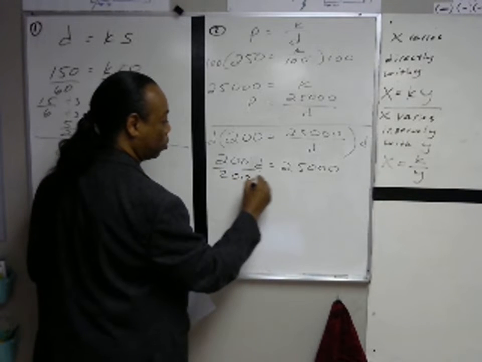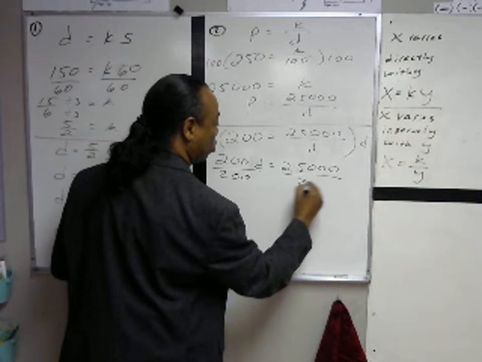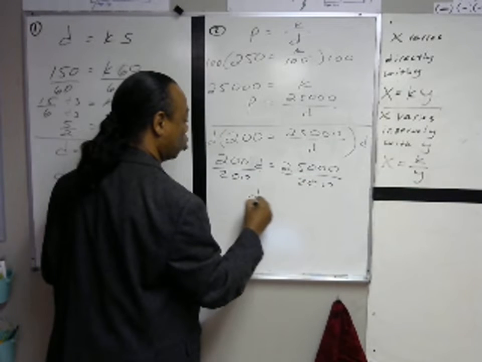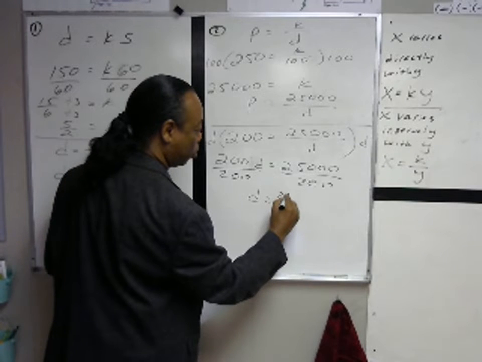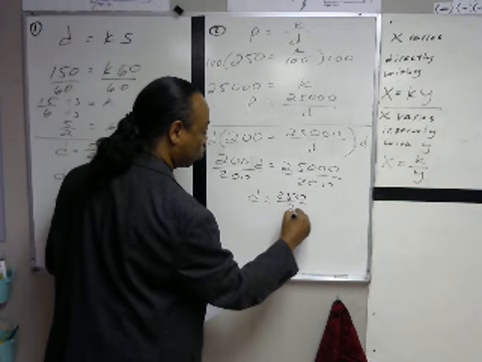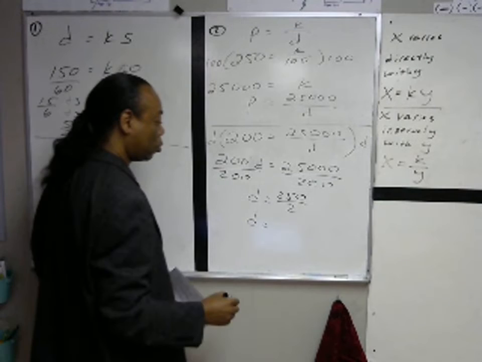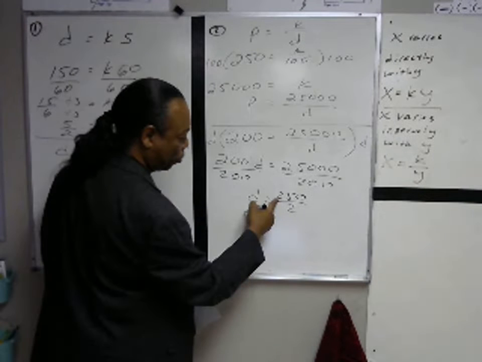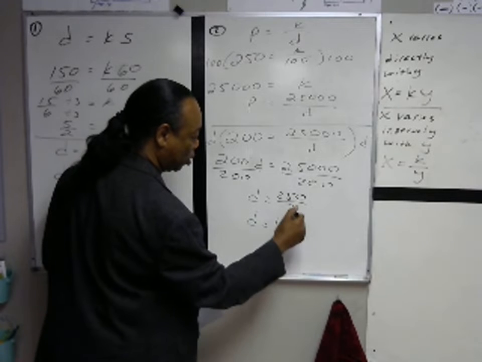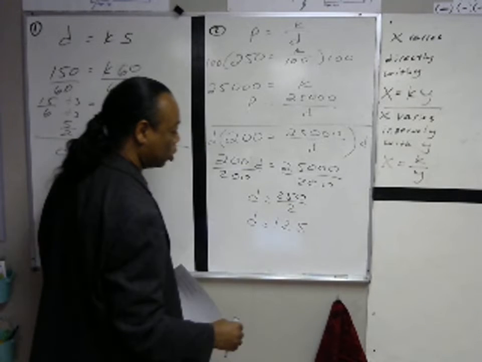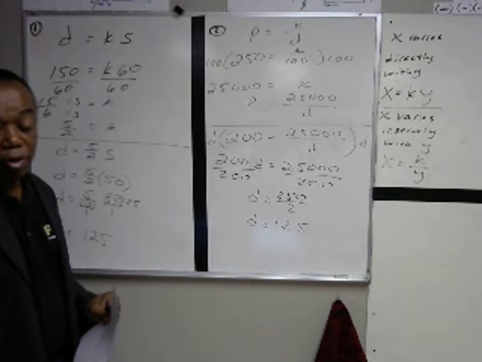Dividing both sides by 2, we get D here. Those zeros cancel, and we're left with 250 over 2. Half of 2 is 1. Half of 5 would be 2. Half of 10 would be 5. So the demand will be 125.